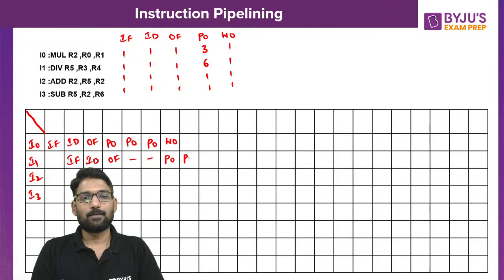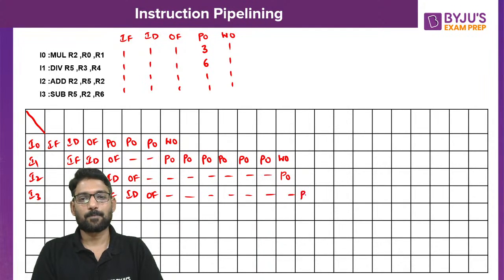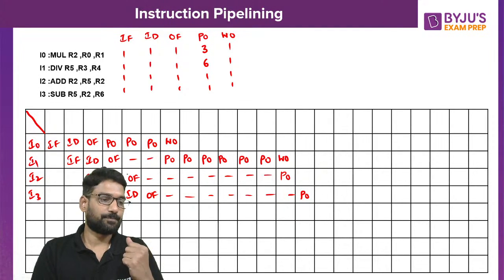Then we can get this space-time chart in this way. You also do along with me, dear friends. That's it. So total number of clock cycles.